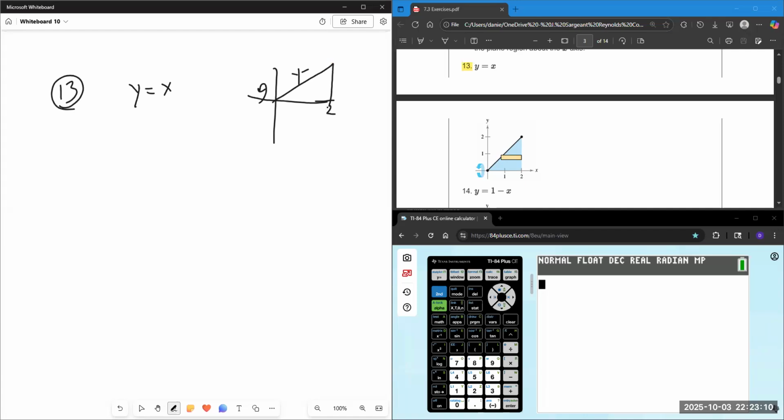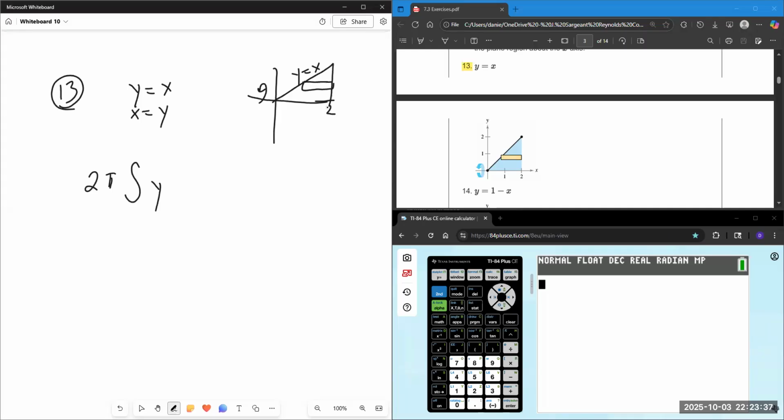So y equals x. So we have x as a function of y, x equals y, and we have 2 pi integral. So our representative rectangle is going this way, and our distance from our axis of rotation is going to be y.